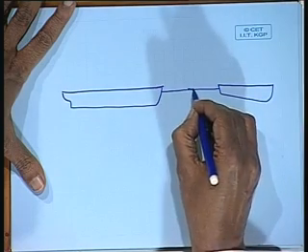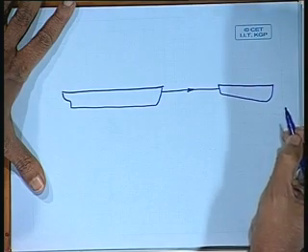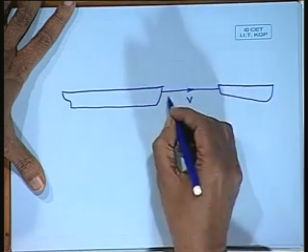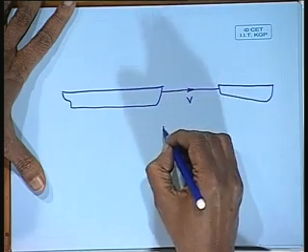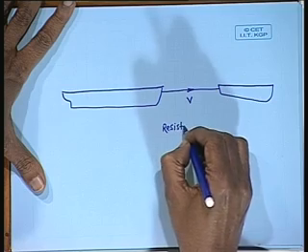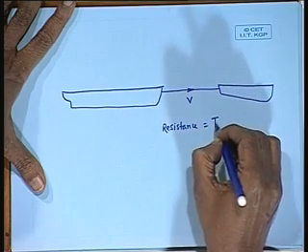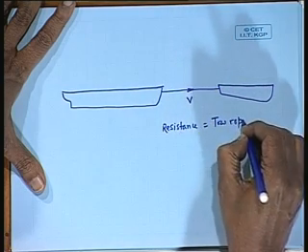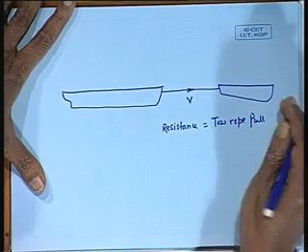This is a ship for which we want to get the resistance. If this ship is pulled by another ship in this direction at a speed v, then the force required, the resistance, is equal to the tow rope pull. This is what is considered resistance of ship to forward motion.